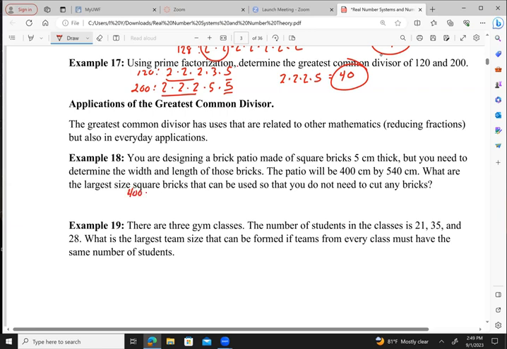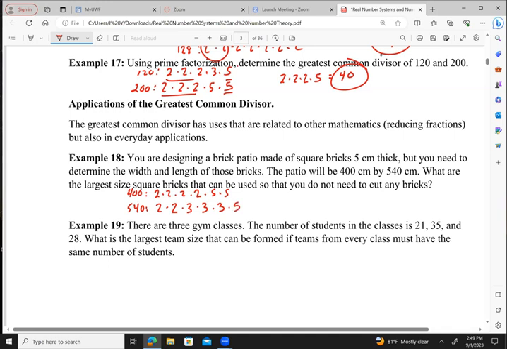So at 400, we can break it down to 2 times 2 times 2 again. First 2 brings it down to 200, then 100, then to 50, and to 25, 5 times 5. And 540, we look at 2 times 270, which is 2 times 135, which is 3 times 45, which is 3 times 15, which is 3 times 5.